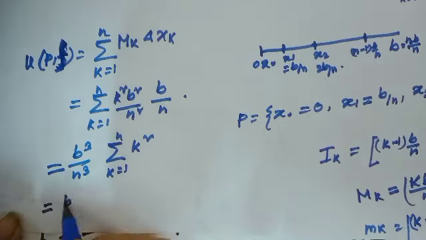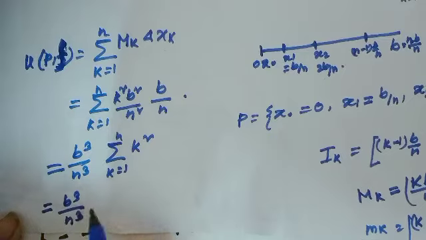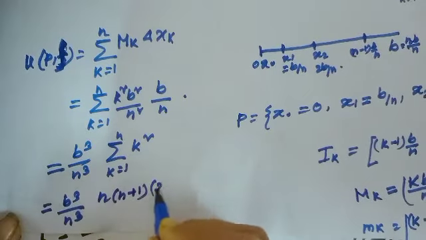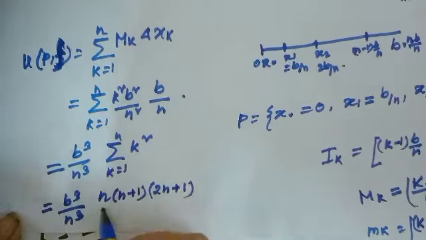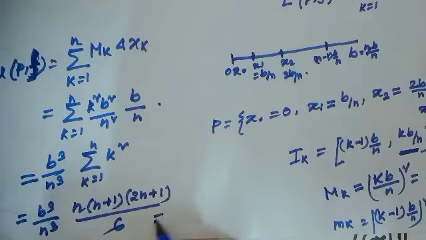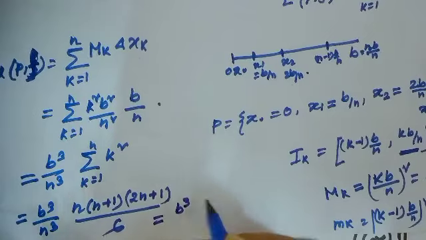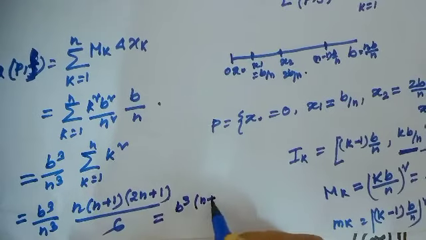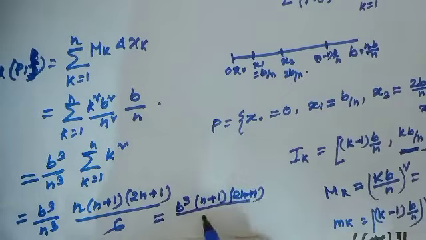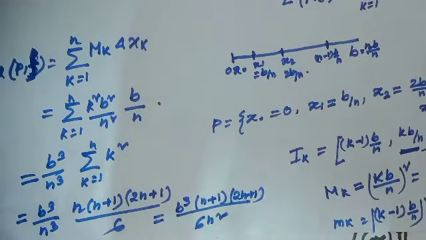This is equal to b cube over n cube, and this value is n times (n plus 1) times (2n plus 1) over 6. And this is equal to b cube times (n plus 1) times (2n plus 1) over 6n square.